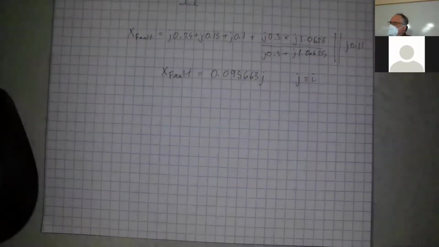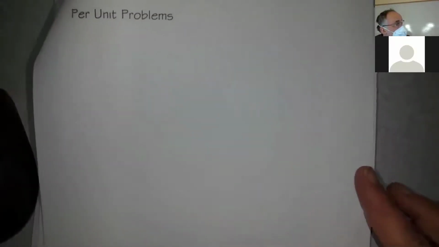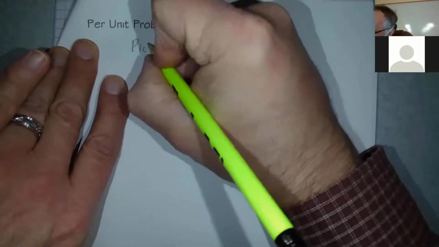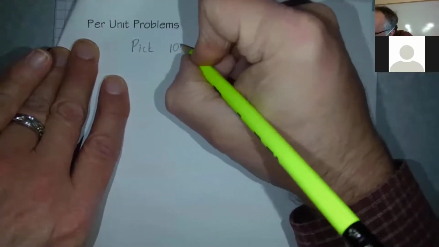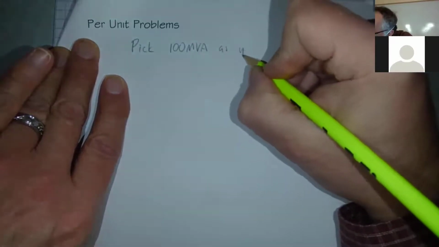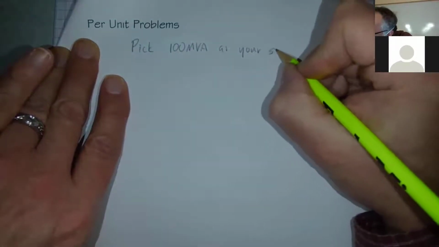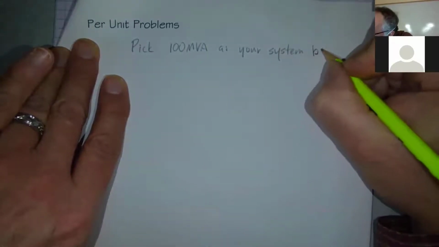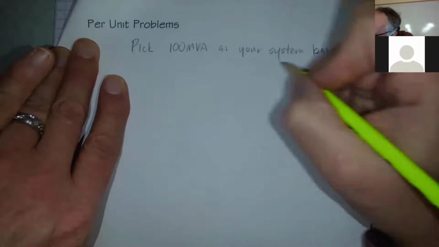The most common base is 100 MVA. So pick 100 MVA as your system base. And that's a typical value.